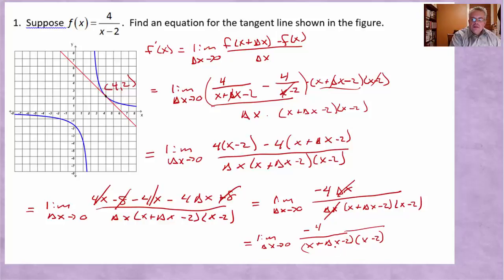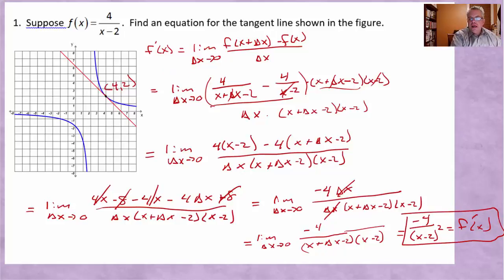Now, as delta x goes to 0, I'm left with x minus 2 times x minus 2 in the denominator, which is x minus 2 squared. And I'm left with negative 4 in the numerator. Holy cow, that's the derivative. So this is f prime of x.